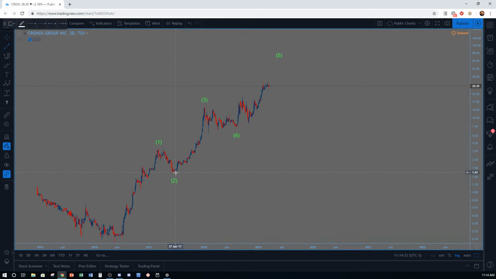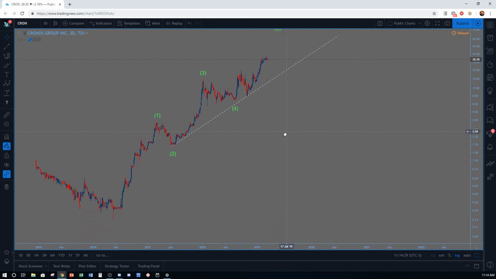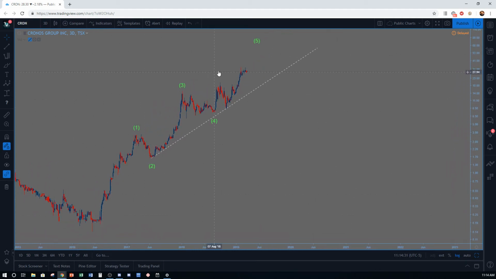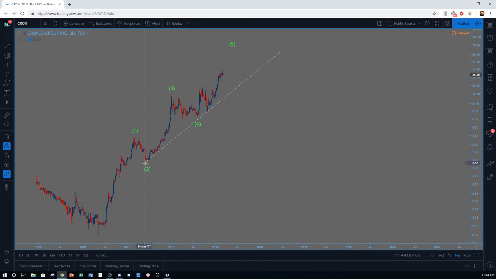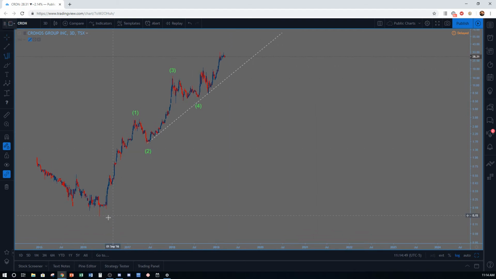So we can mark this as an uptrend right along here. At this time, I see no significant correction of this move, and we could continue to move up to 80 bucks. It could go parabolic like crypto did, but at some point we're going to break this uptrend, and we're going to be in a bear market for a significant amount of time.